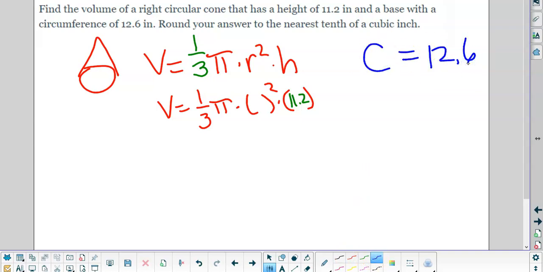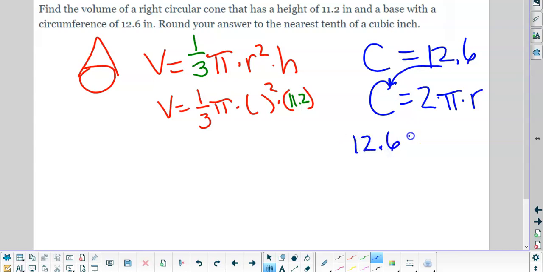Now here's something you need to know about the circumference. That's the distance around the outside of a circle, or the perimeter, right? So the circumference is equal to 2 times pi times the radius. So if we know the circumference, then we can put a 12.6 in this position.